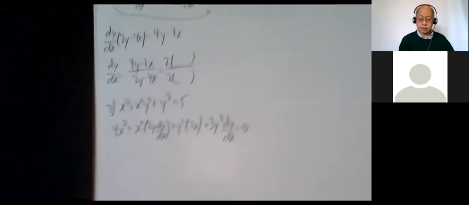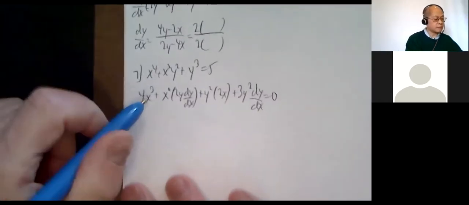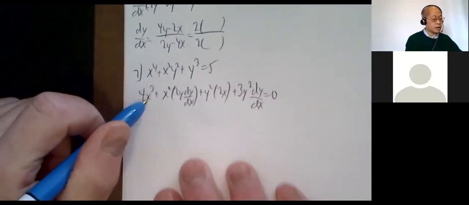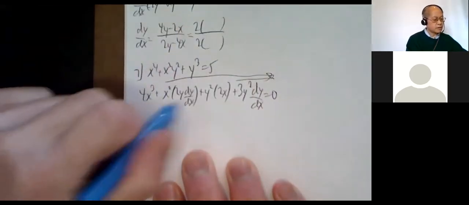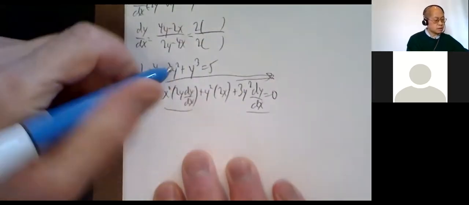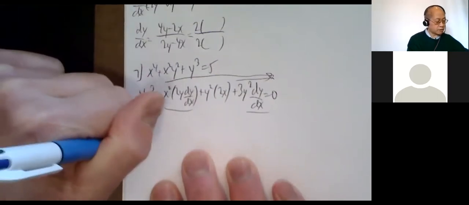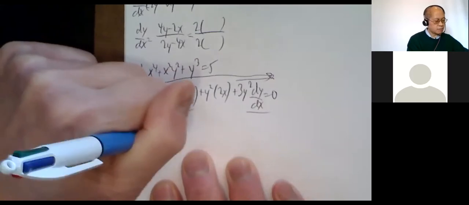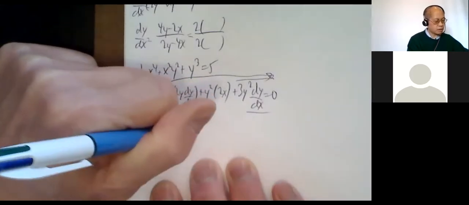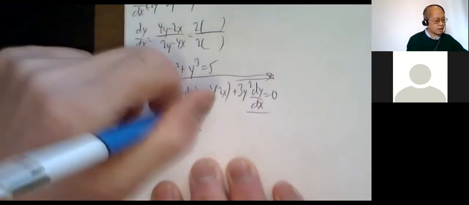I do have to watch the time because I want to make sure I do at least some problems from every section. Okay, everything that does not have a dy dx goes over. So that goes over, that goes over. These two have a dy dx. So keep them on the left side and factor out the dy dx. 2x squared y plus 3y squared. And that'll become a negative, and that'll become a negative.